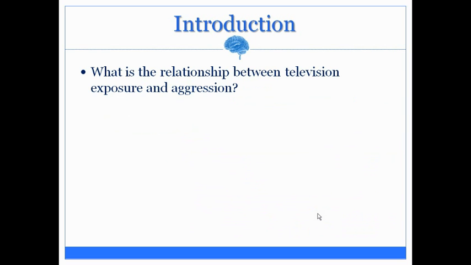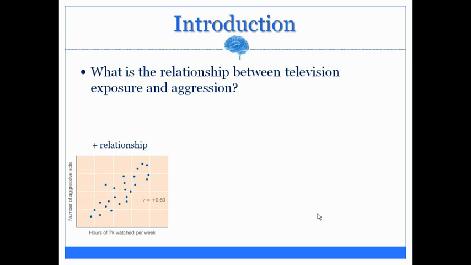So just to give another example of something that could happen in life is, well, what is the actual relationship between television exposure and aggression? Well, you could have three different possibilities. There could be a positive relationship, as the amount of hours an individual watches of TV per week increases, the number of aggressive acts also increases.